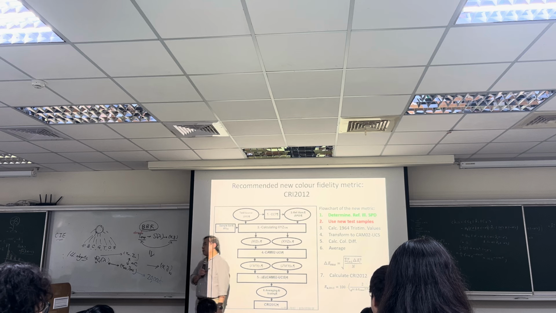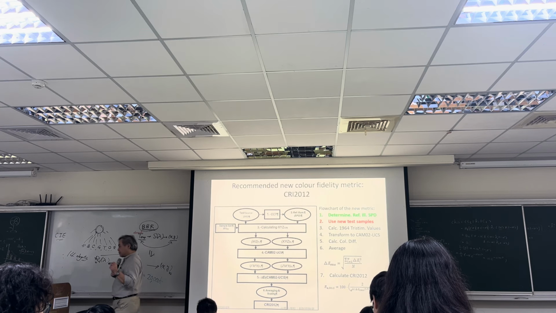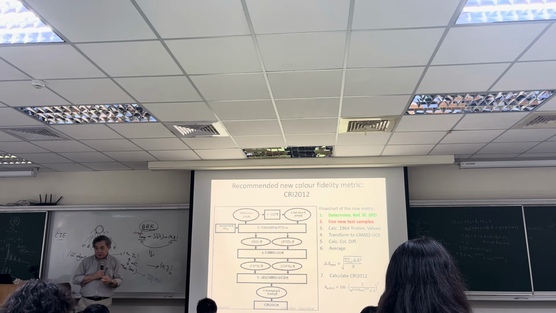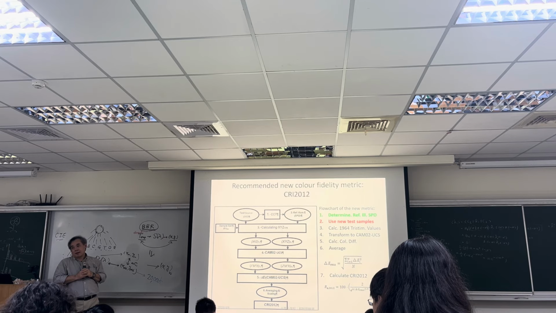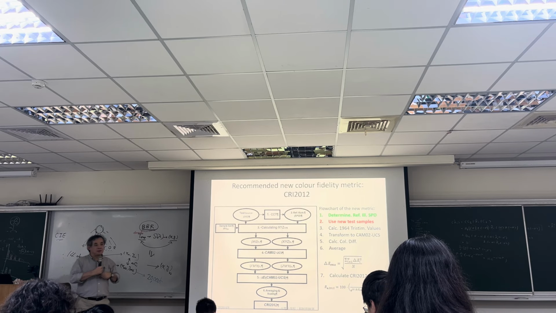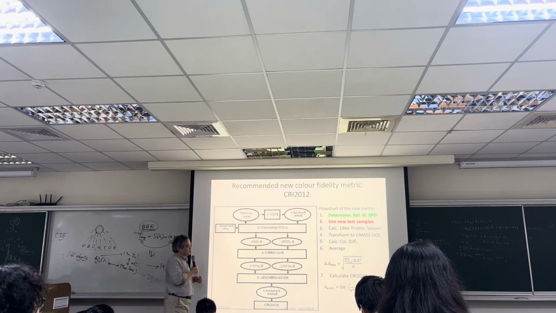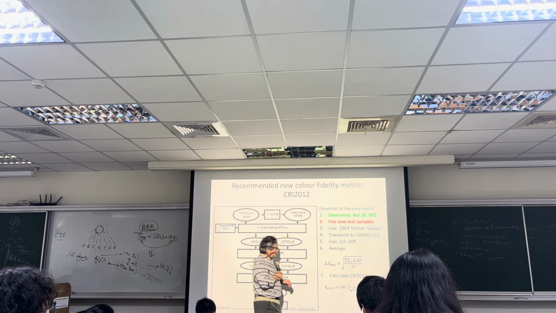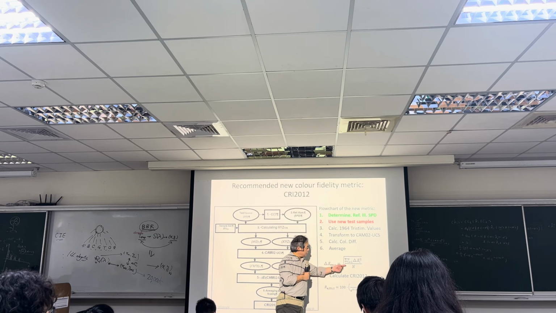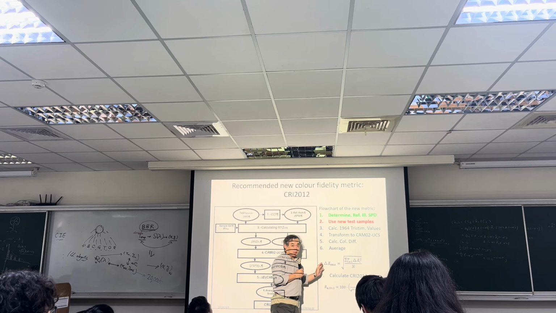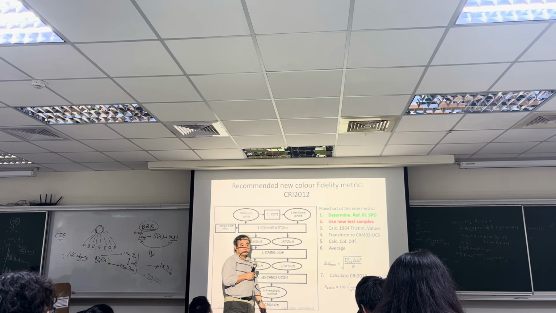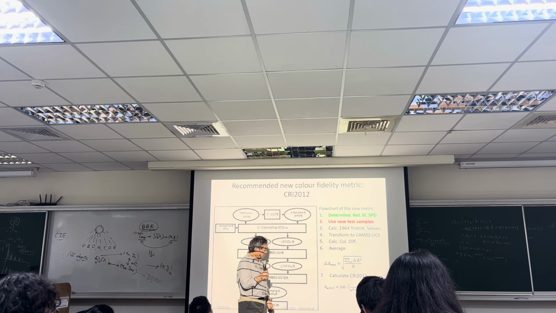Previously, the CRI could be negative. When your color difference is big enough, your CRI will become negative. So it doesn't feel so good. So they use the root mean square, so the average color difference will never go negative.